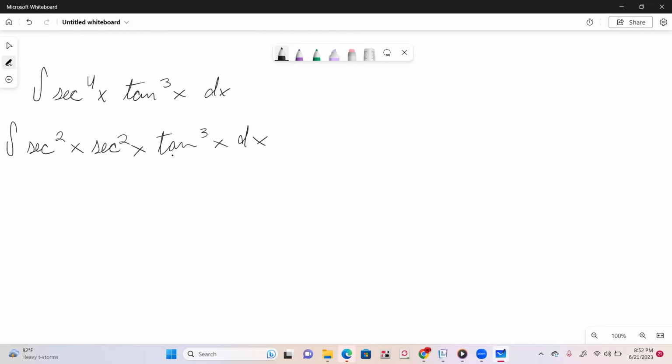All right, so the reason I separated it like this is I want to use one of our trig identities. So secant squared x is equal to 1 plus tan squared x, giving us the integral of 1 plus tan squared x times secant squared x tan cubed x dx.